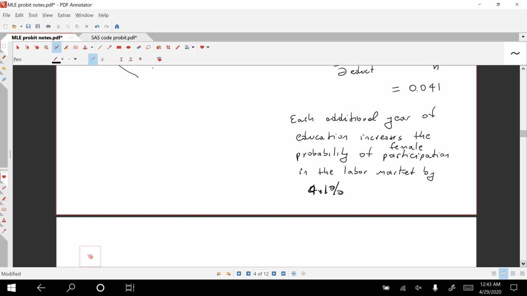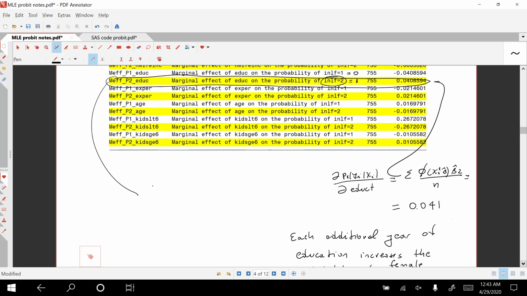Okay, so that's the way that we interpret. That means a marginal effect.